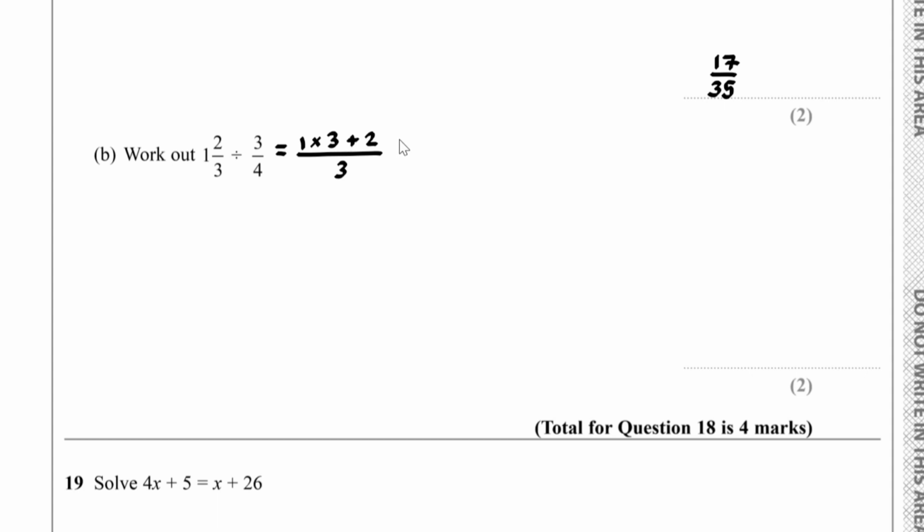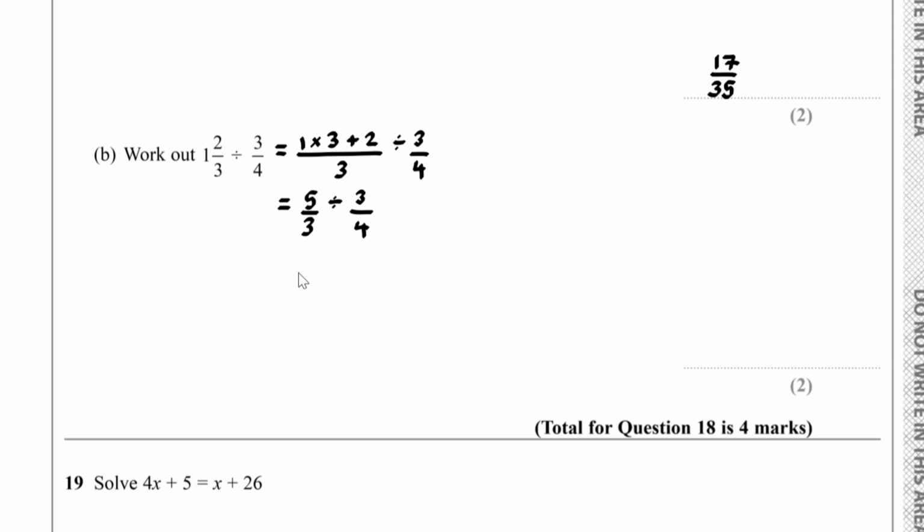And then this result is being divided by 3/4. So I've got 3 plus 2, which is 5. I've got 5/3 divided by 3/4.